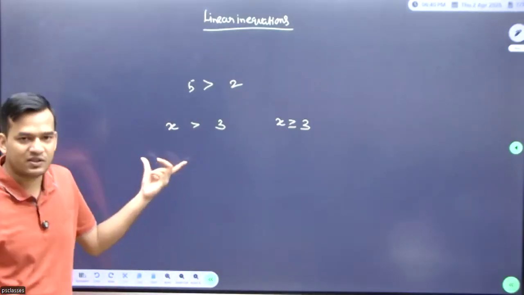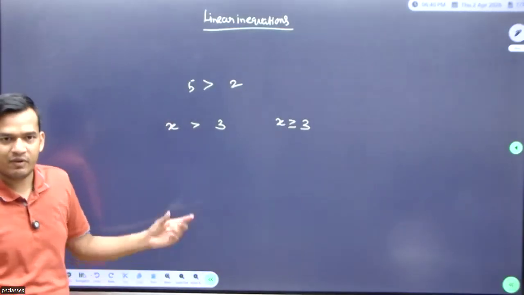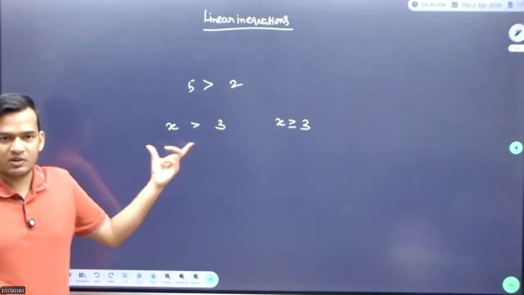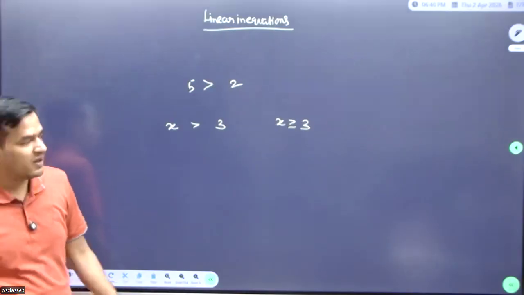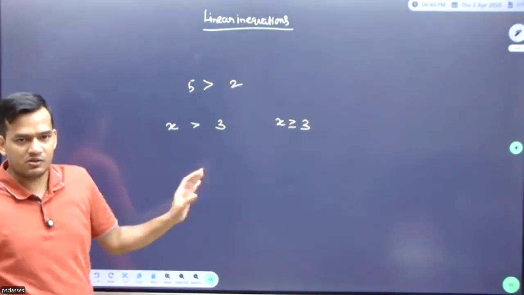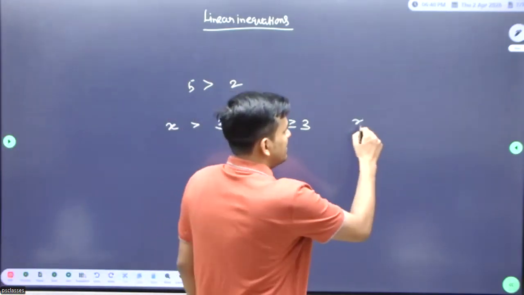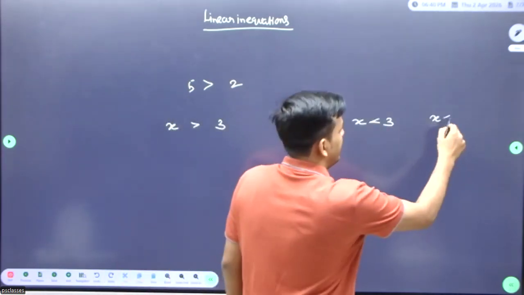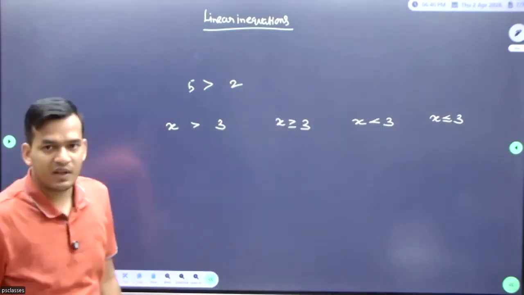But in this case, x is always greater than 3. x can have value 3.1, 3.15, but x cannot have value 3 or 2.9. In this case, x can have value 3 also. And this is also one of the inequalities, x less than 3. And this one is x less than or equal to 3.